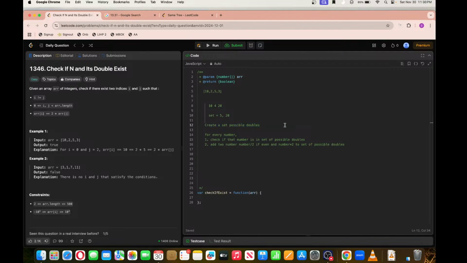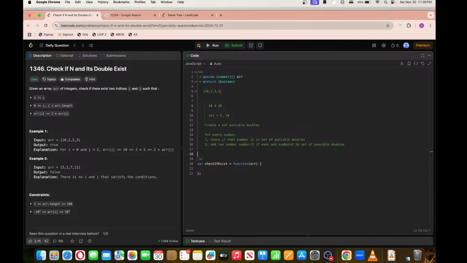So actually it is O of 1 only, right? Because we know the array's length. Yeah, I think this is a good idea, one approach. What are the other approaches other than set? I don't know. I think this is a good approach.